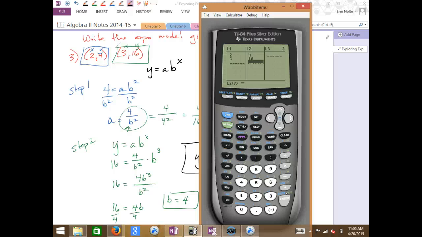Okay, you're going to hit stat now, and you go over to calc, and we're looking for the exponential regression model. Go down, and I do believe it's number 0. Expo regression. And then you go down and tell it to calculate.